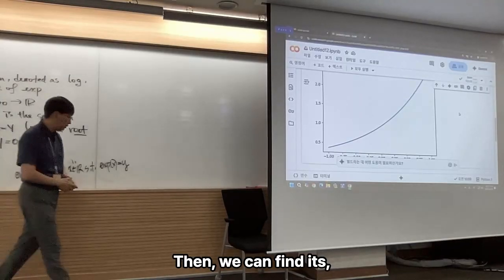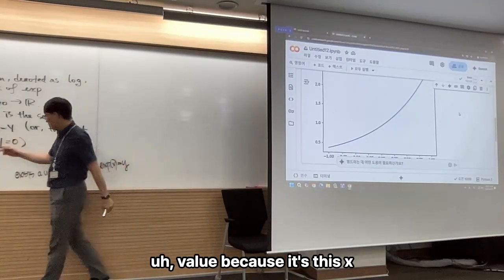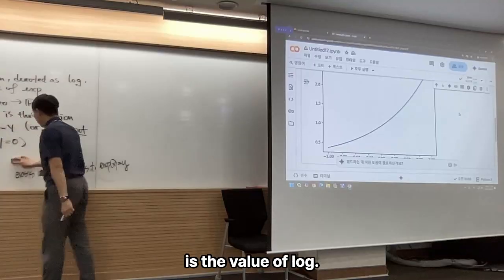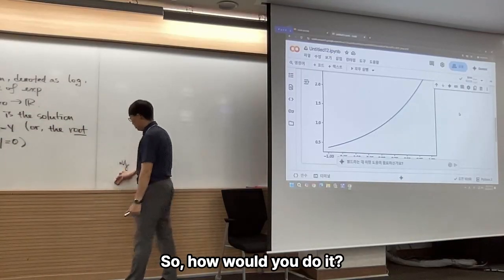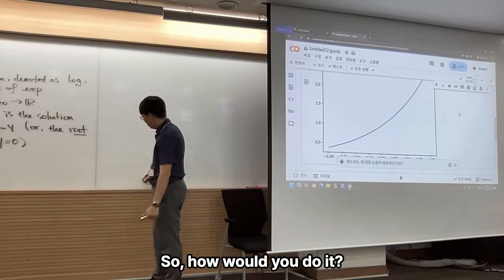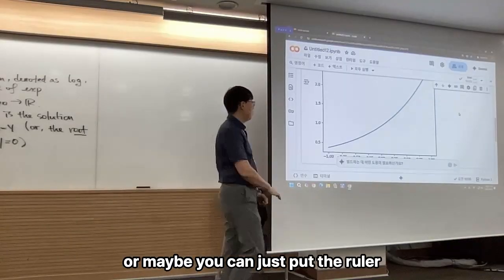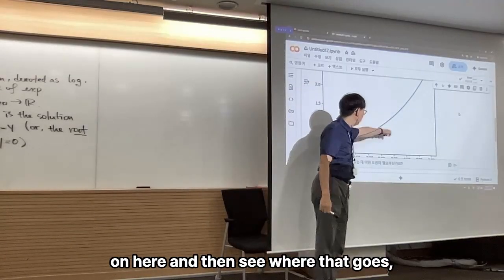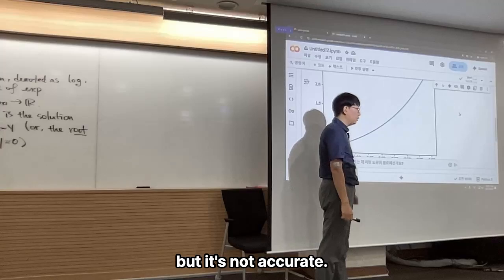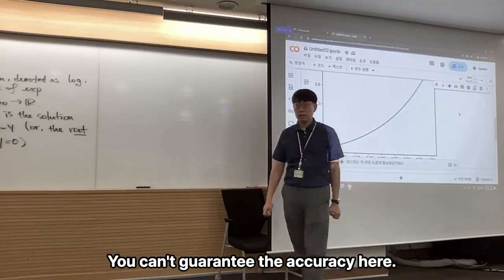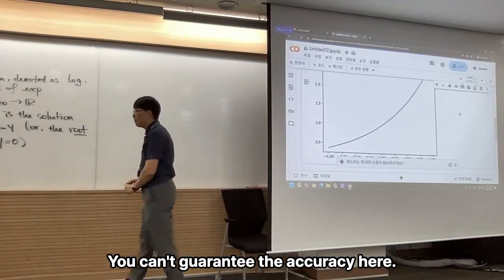Then we can find its value, because this x is the value of log. So how would you do it? If you have a graph, or maybe you can just put the ruler on here and then see where that goes, but it's not accurate. You can't guarantee the accuracy here.